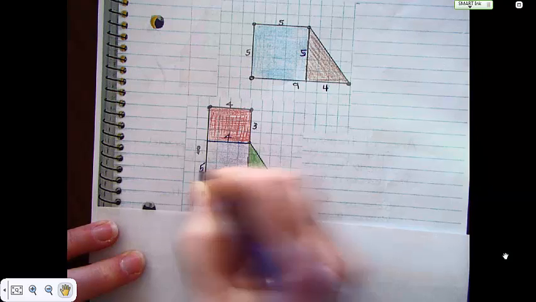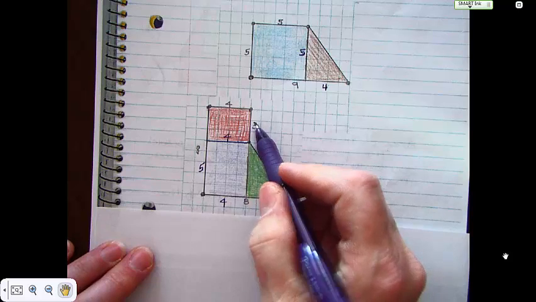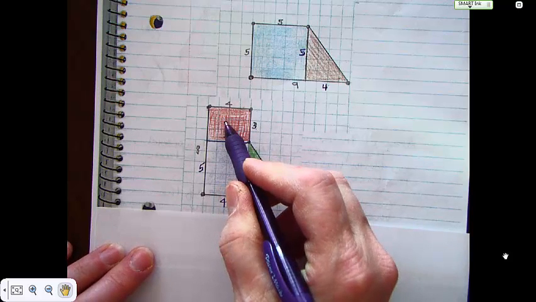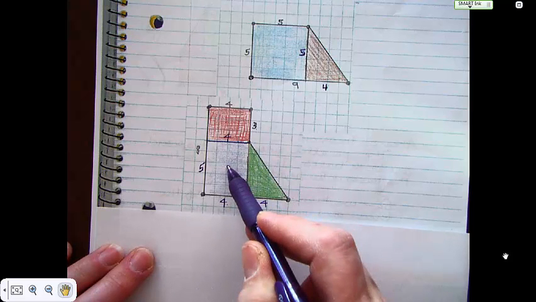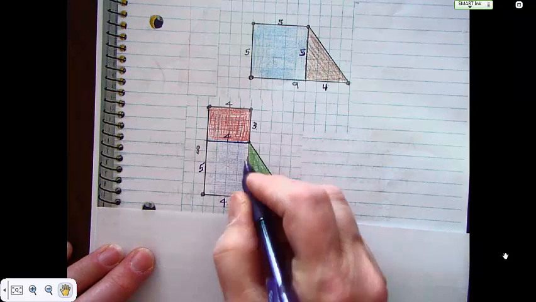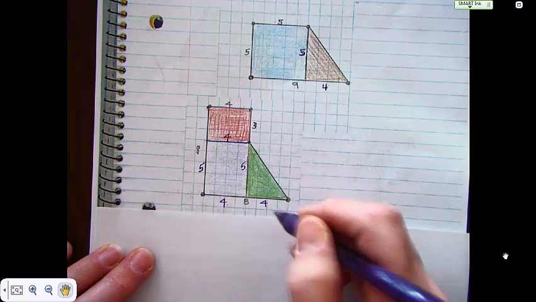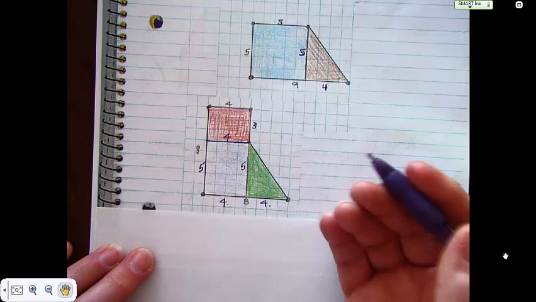Now that gives us a lot of information, because now we can take 4 times 3, and this would be 12. We can take 5 times 4, and this is going to be 20. And we can take this measurement, which of course is also 5 times 4, which is 20, and divide it by 2, and that makes 10.